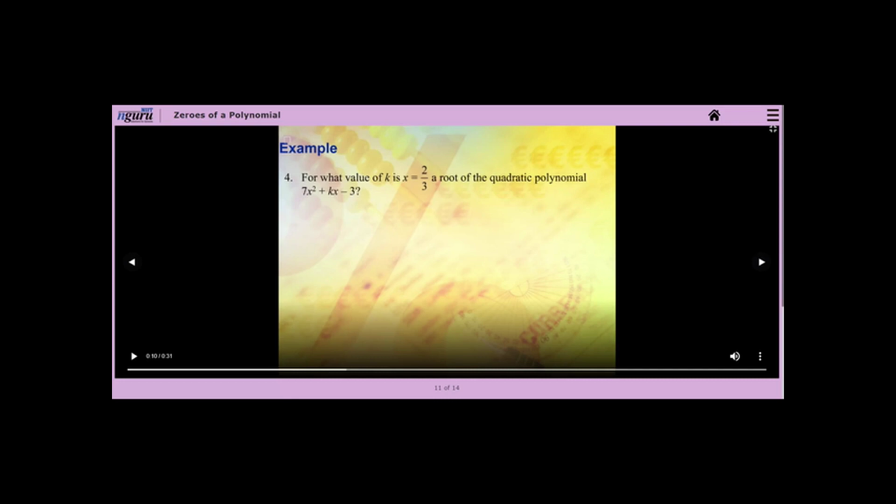You should get 0 and find the value of k. 7 into 4 by 9 plus k into 2 by 3 minus 3 equal to 0. Ma'am, k equals to minus 3 by 2. Minus 3 by 2 you got. Yes, ma'am.